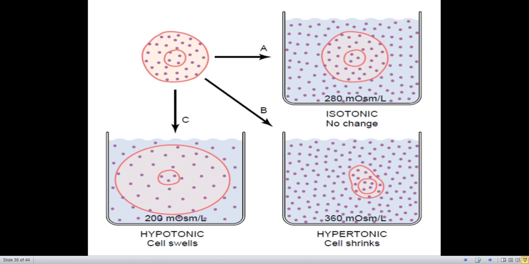If a cell is placed, as shown in panel B, in a hypertonic solution, the cell is going to shrink. And in panel C, you can see if a cell is placed in a hypotonic solution, the cell will swell. Eventually, it can burst.